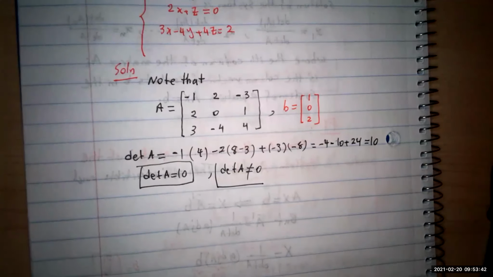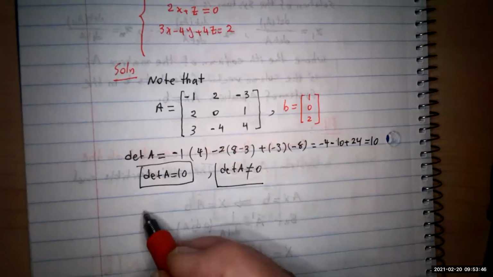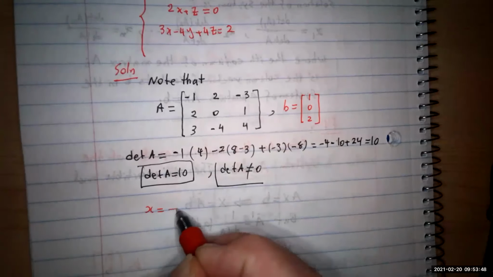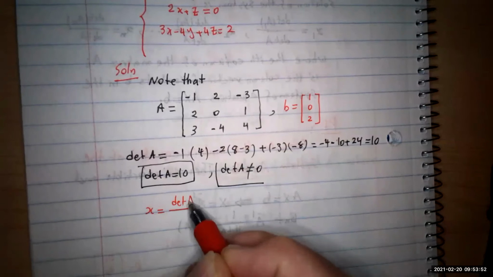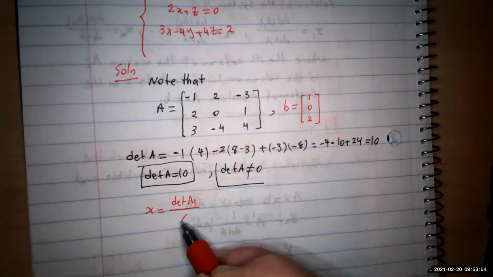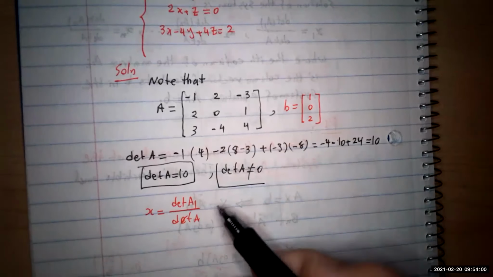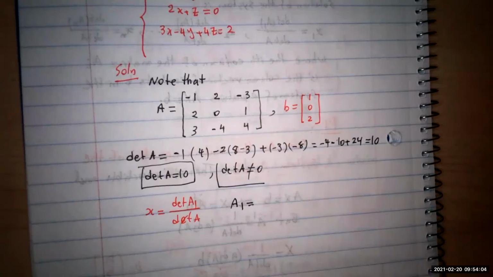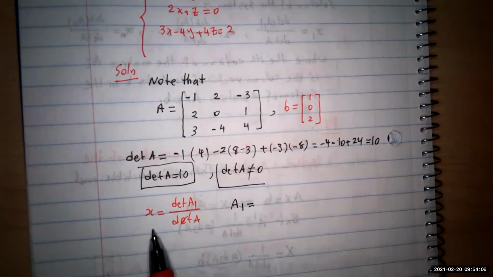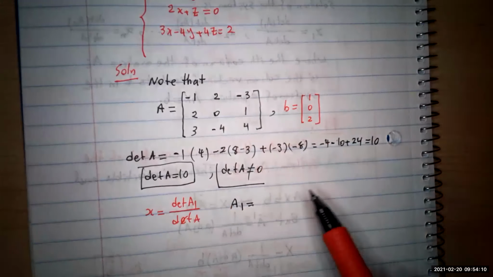Now you want to find x1, the first one, which is x. To find x, you need to find the determinant of a matrix we call A1, divided by the determinant of A. Now what is A1? A1 has the first column, the column of x, replaced by the constant matrix.